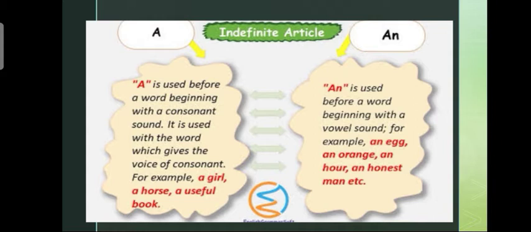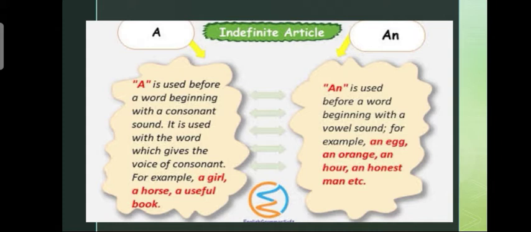It is used with the words which give the voice of consonant. For example, a girl. The word starts with G and the phonetical sound of letter G is G. A horse. The word begins with letter H and the phonetical sound of letter H is H.